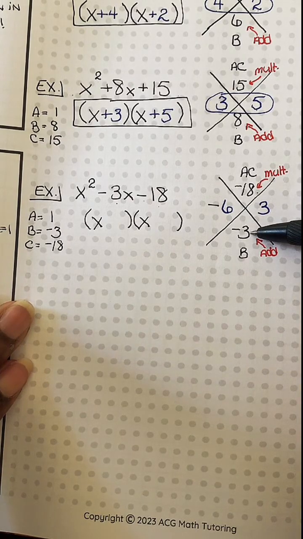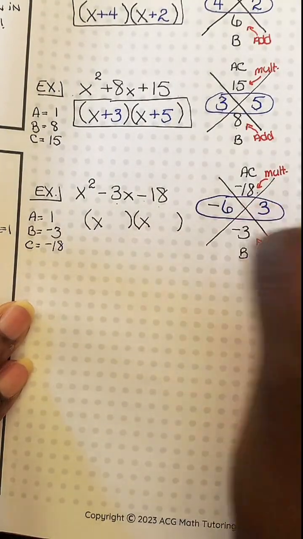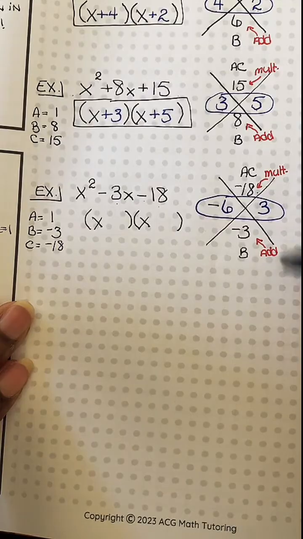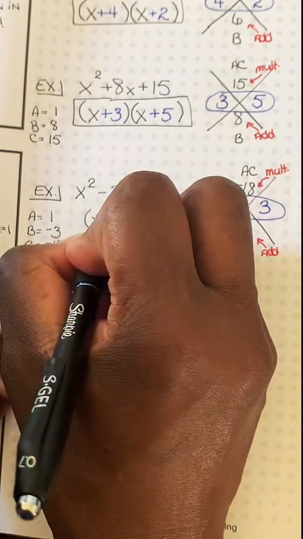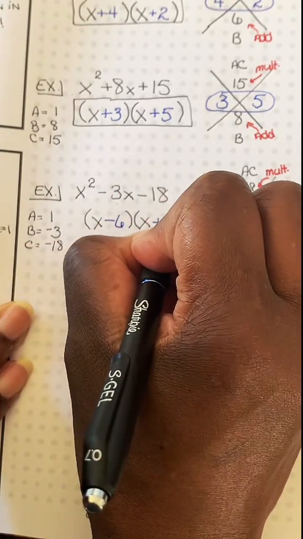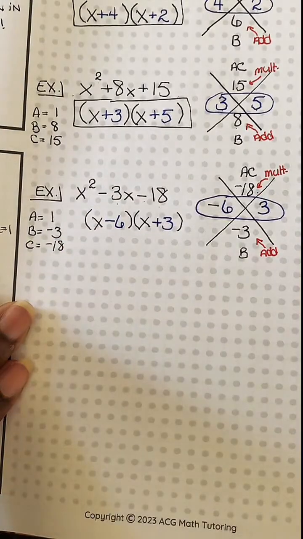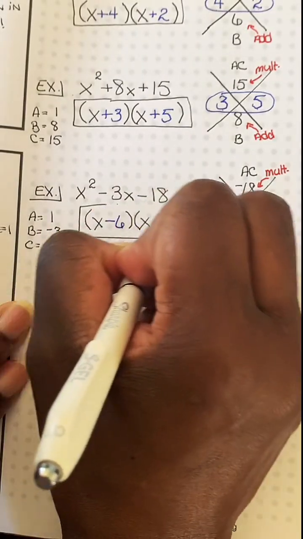You still owe me $3. So that's why this works for both multiplication and addition. So all you're doing is putting your answer inside. So you got your x minus 6 and your x plus 3. Now if it's switched, remember it's commutative. It's perfectly fine.